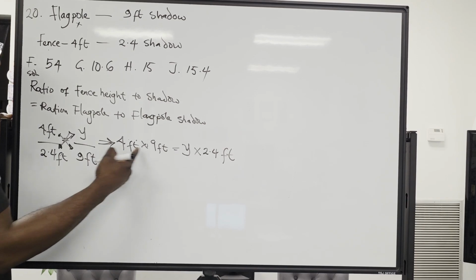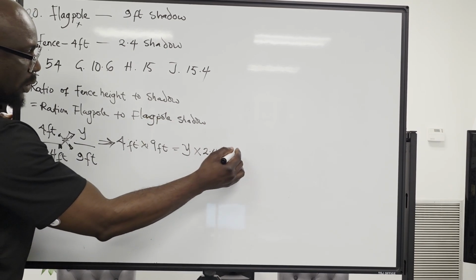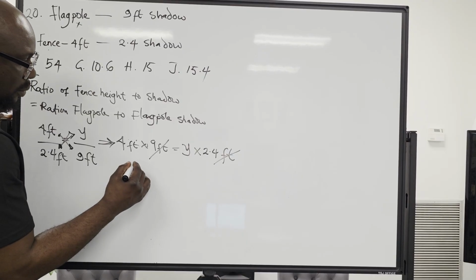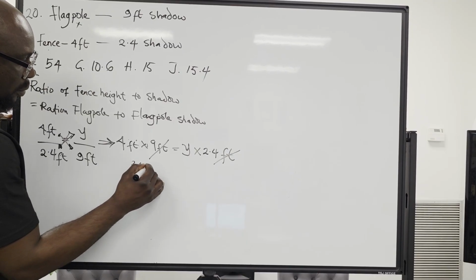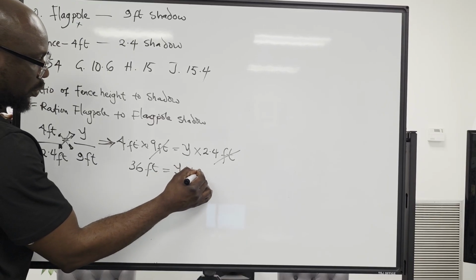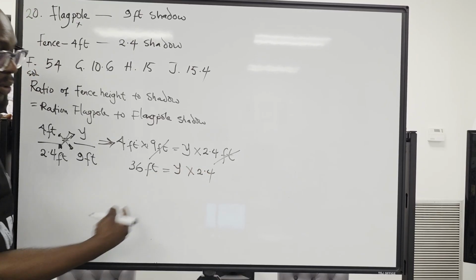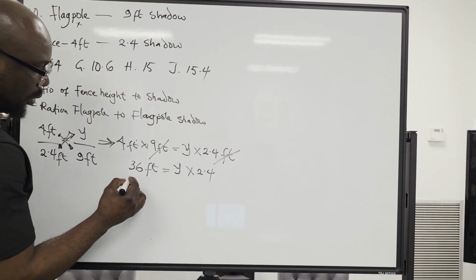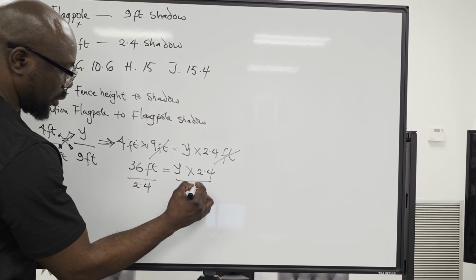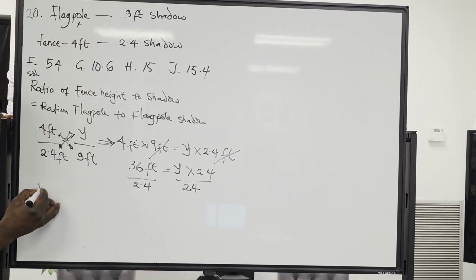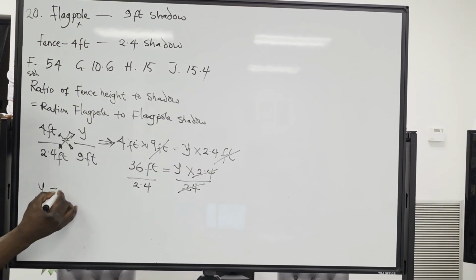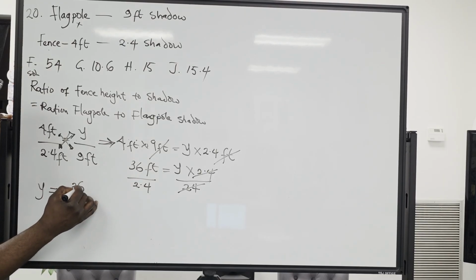Let's cancel the feet out. 4 times 9 is 36, equal to Y times 2.4. Divide both sides by 2.4, so that the 2.4 cancels out. Y is equal to 36 divided by 2.4.